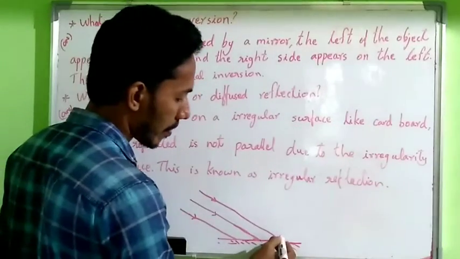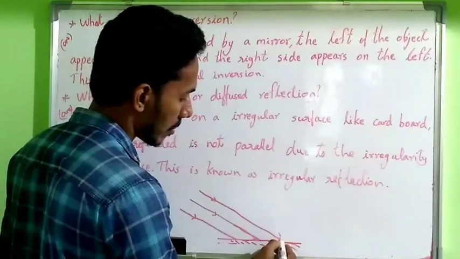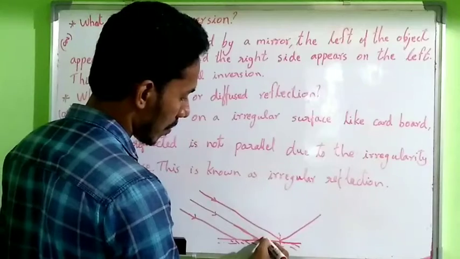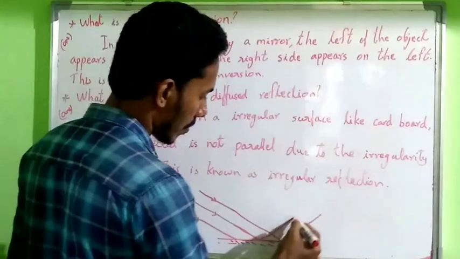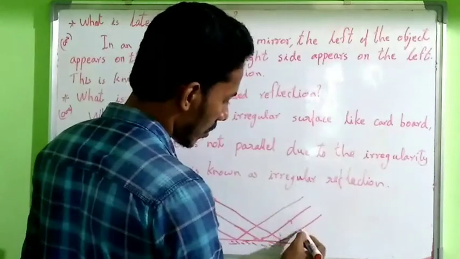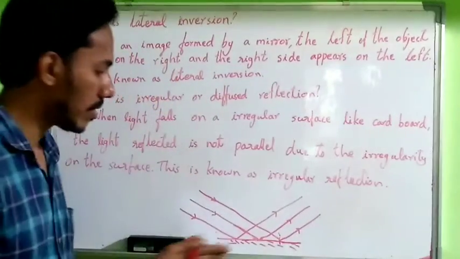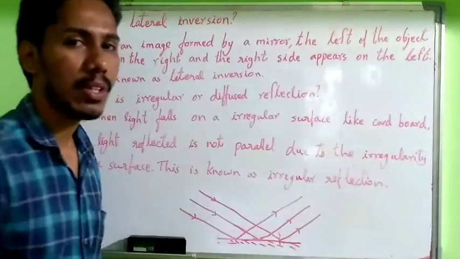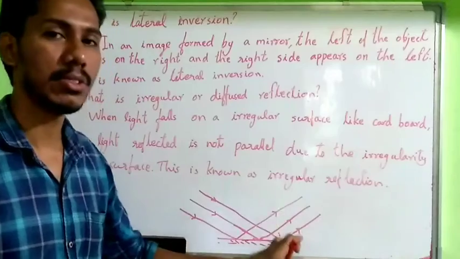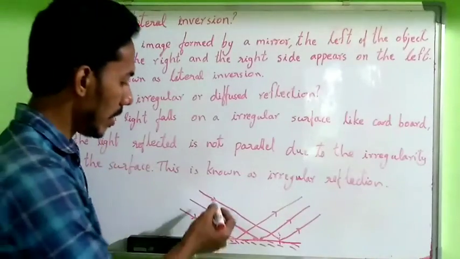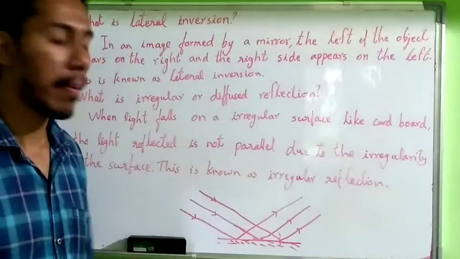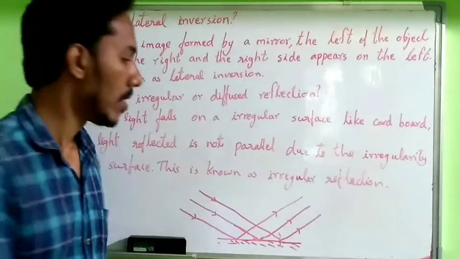What happens? It obeys the law of reflection. These are the three rays which came outward from this mirror, and these reflected rays are parallel. If the incident rays are parallel, then the reflected rays will also be parallel.